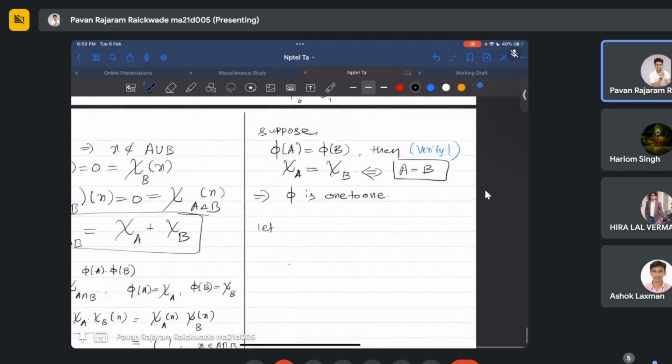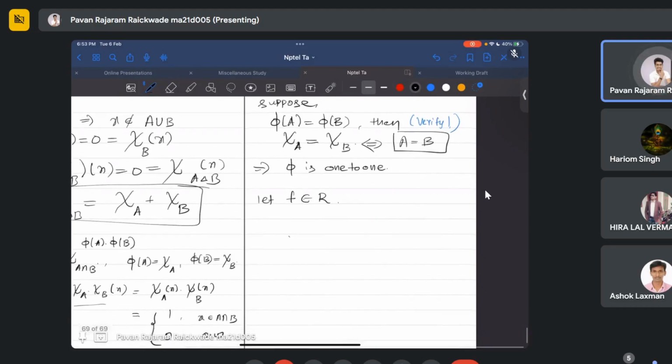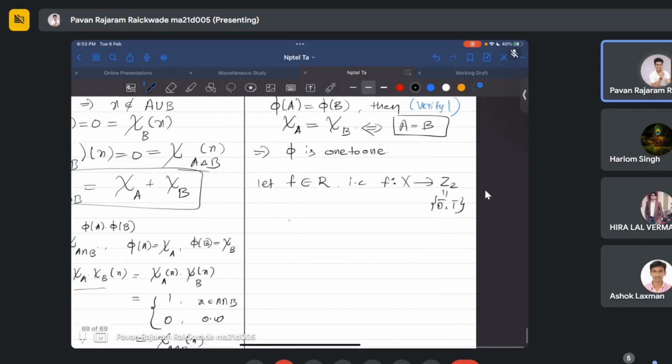Now let f be an element in R. I want to show that phi is onto, so every element in R should have a pre-image. If f is a mapping from X to Z2, naturally in Z2 you have only two elements, 0 bar and 1 bar. So you look at the pre-images. Let us call A as f inverse of 0 bar.